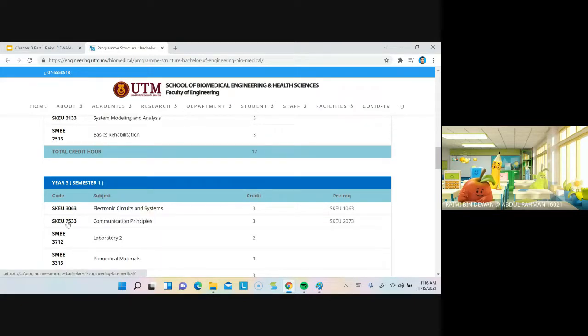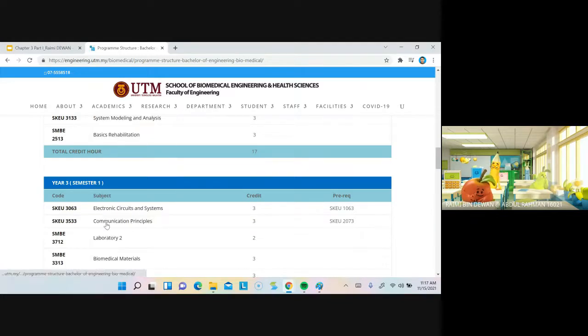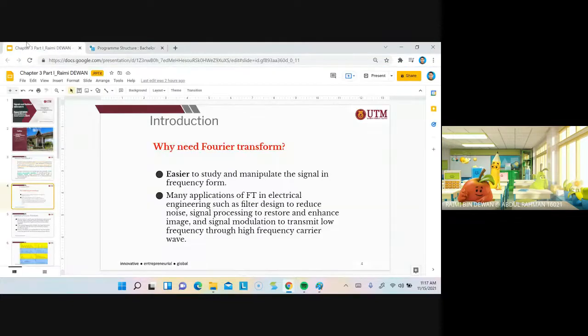Maybe this one is next semester, not sure. Maybe I teach this subject also, since my field is telecommunication engineering, but you always have a choice to choose other lecturers. No worries, we have a lot of sections.